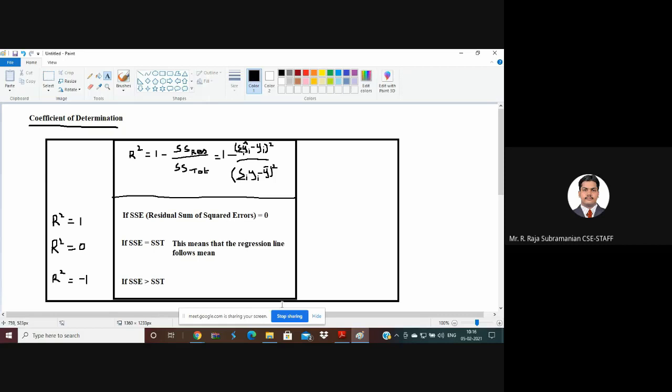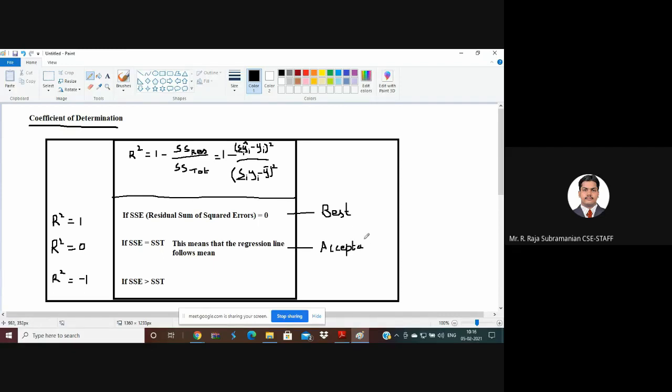Now we should write here which is the best. So we clearly know that this is best. But ideally this cannot be achieved, but something closer to this should be achieved, right? Next, this I say is somewhat acceptable only. This is not the best, but I can say it is acceptable, because if my regression line is going to follow the mean, then why do I need to go for linear regression? So that will be a question arising.